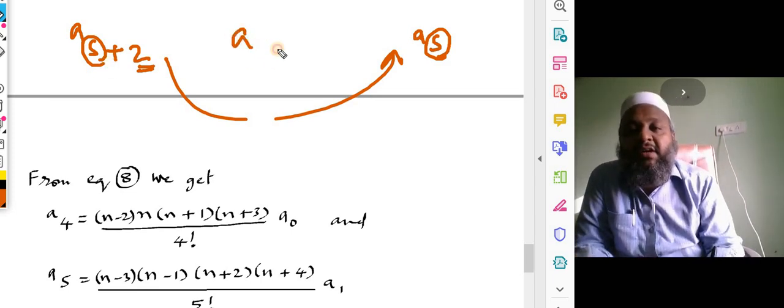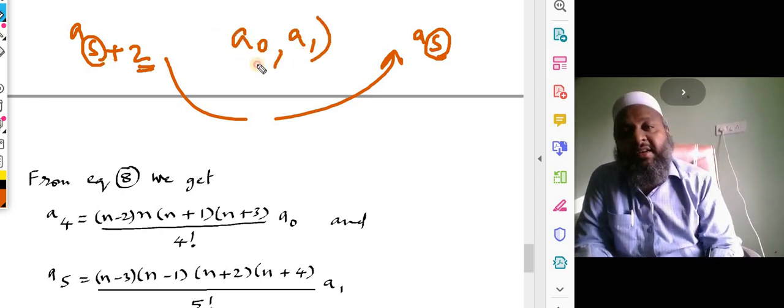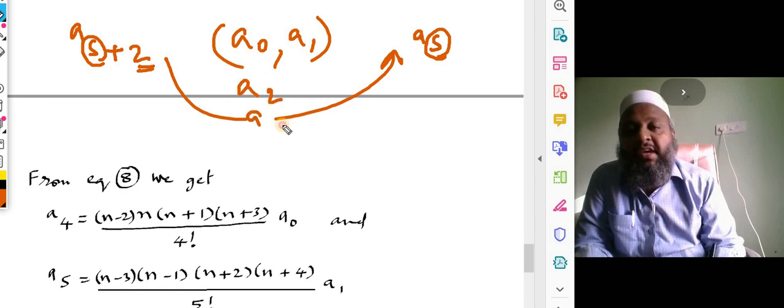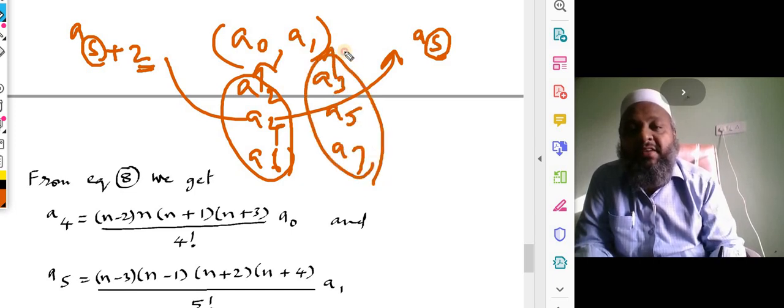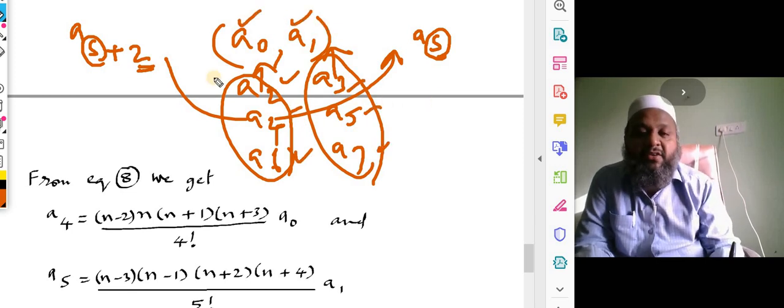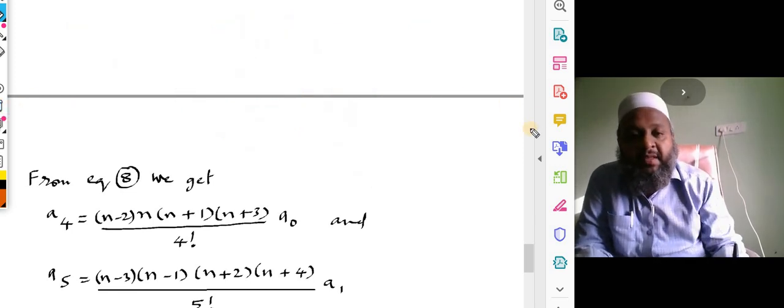So a0 and a1 are arbitrary, and a2, a4, a6 they all depend on a0, a3, a5, a7, a9 they all depend on a1. So these are dependent constants, whereas these two are independent constants.